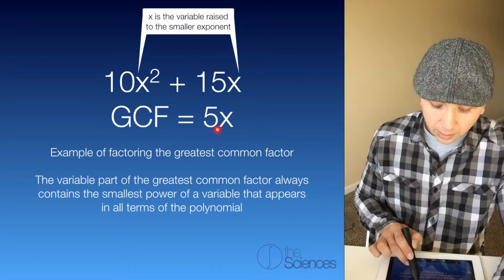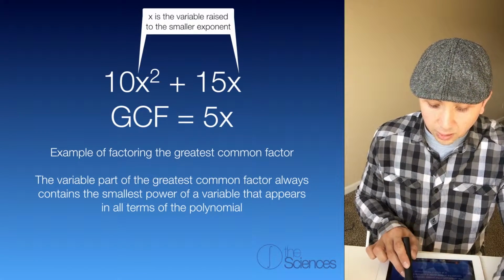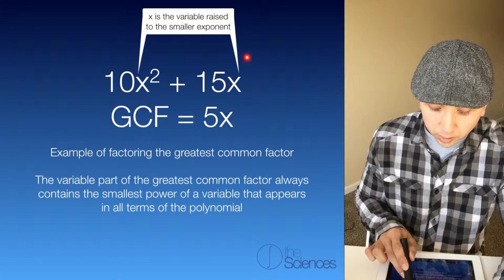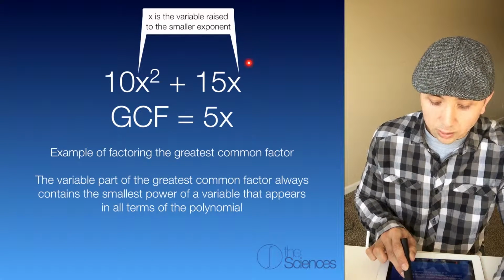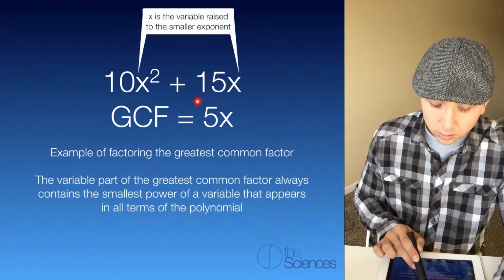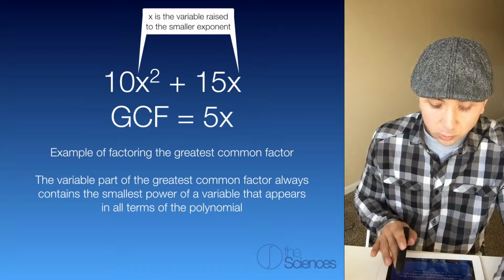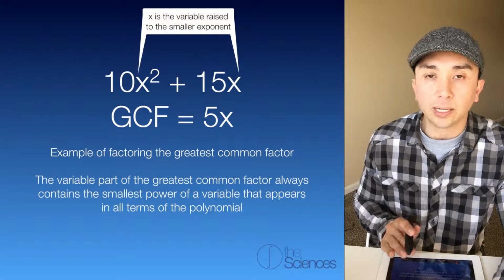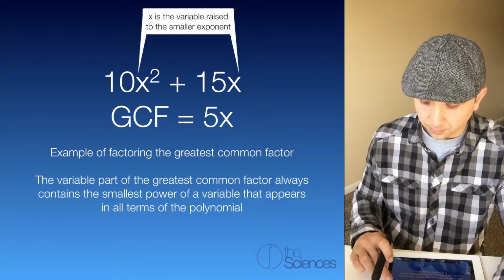So here in 5x, notice how we get the variable x from x raised to the 1 power and not x squared. So when you factor, you always get the variable raised to the smaller exponent.